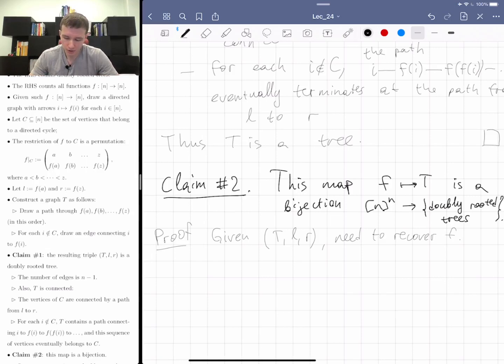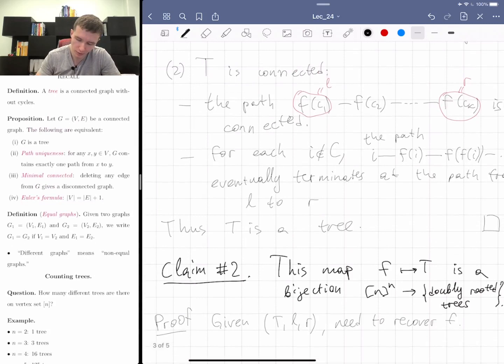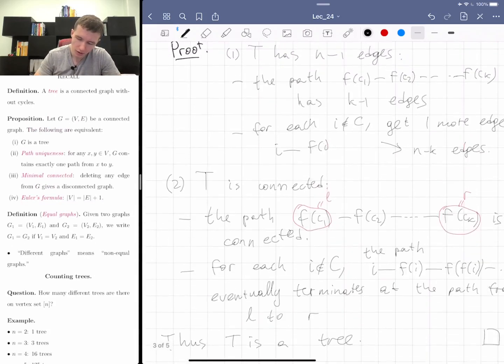Remember we had all these conditions. I have already used Euler's formula here, that T has n-1 edges, and now I'm also going to use path uniqueness. I'm going to remember that in the tree, between any two vertices, there's exactly one path.